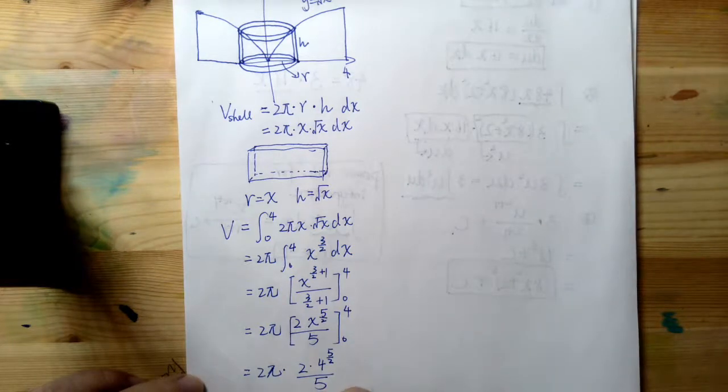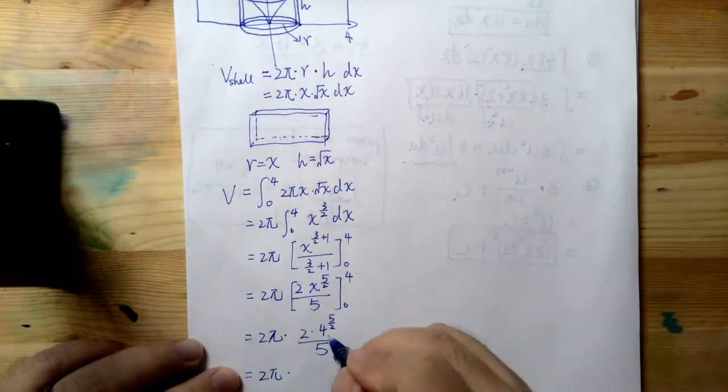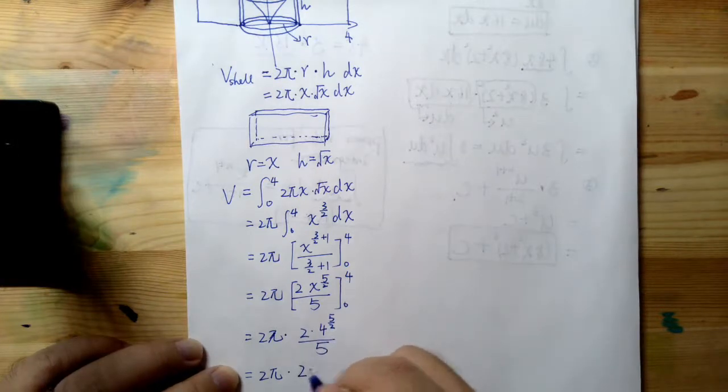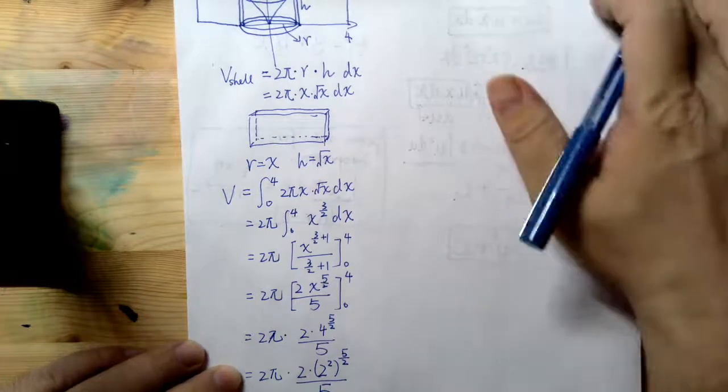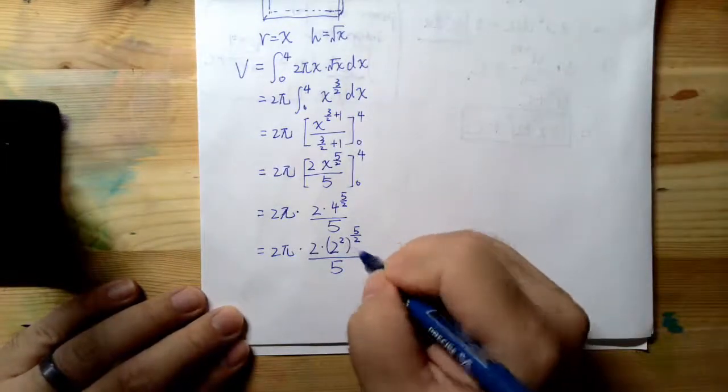For 4 to the power 5 over 2, we can do some simplification because 4 equals 2 squared. So 2 squared raised to the power 5 over 2, then over 5, is going to be 2 to the power of 5.